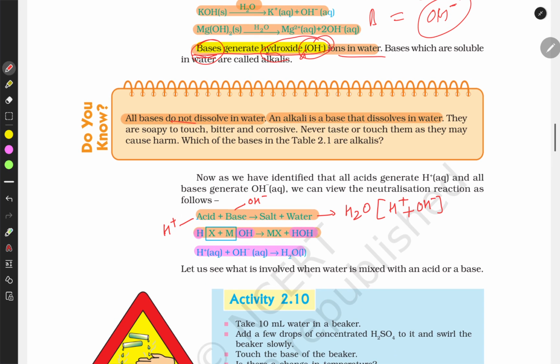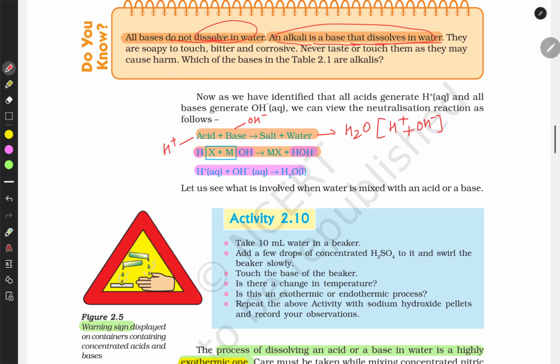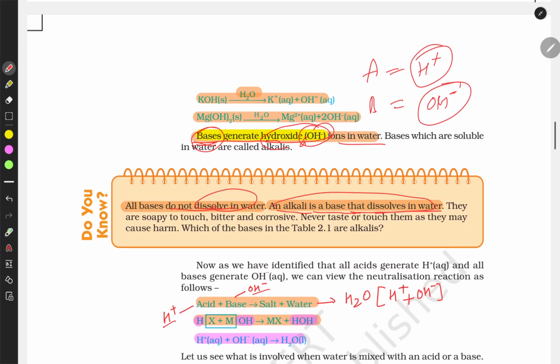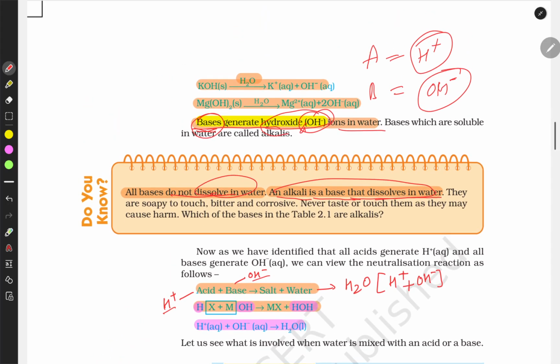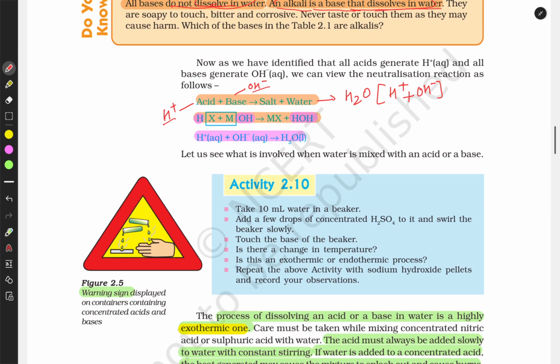All bases do not dissolve in water, and an alkali is a base that dissolves in water. As we discussed, acids contain H plus ions and bases contain OH ions. By this, after conducting multiple reactions, why do acid and base form salt and water?